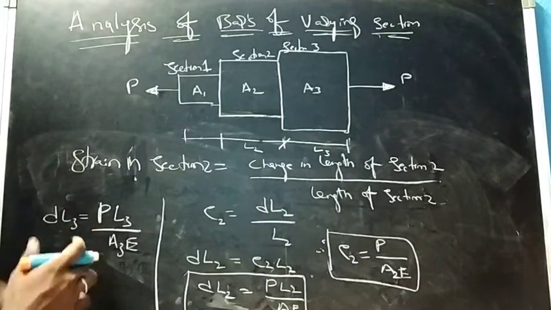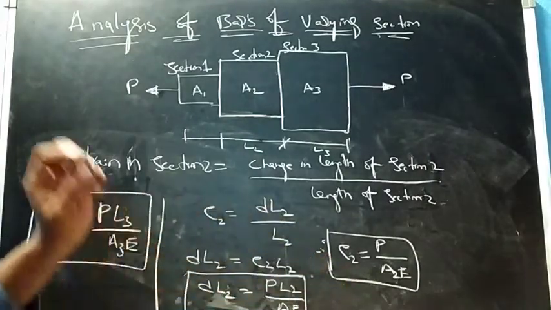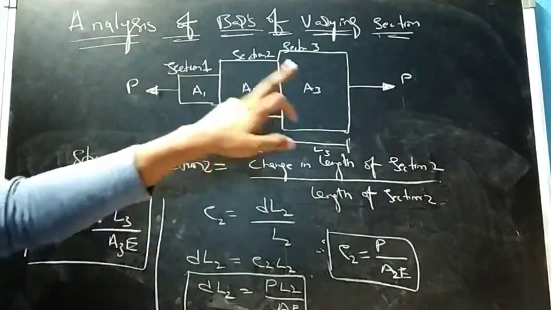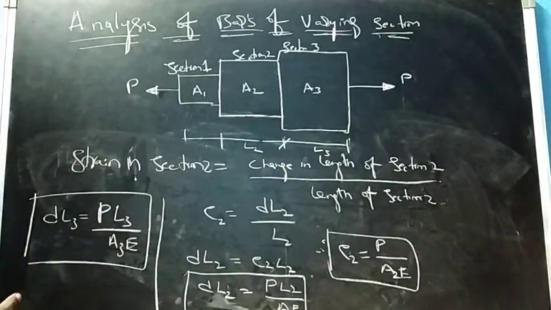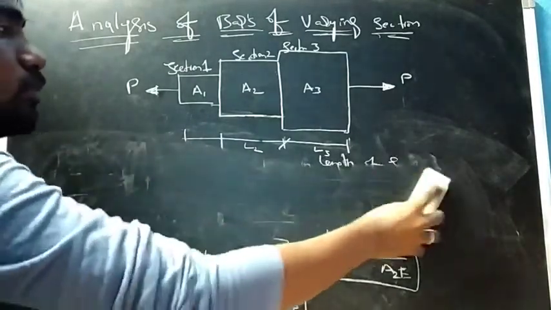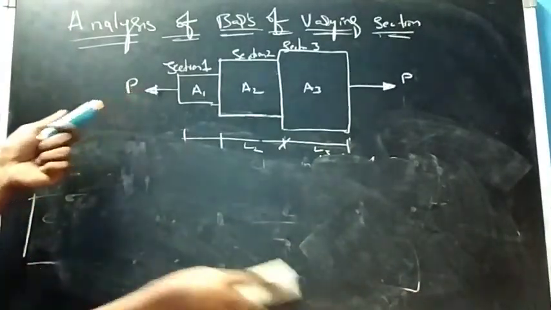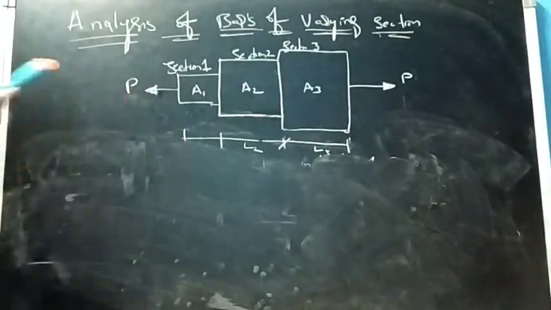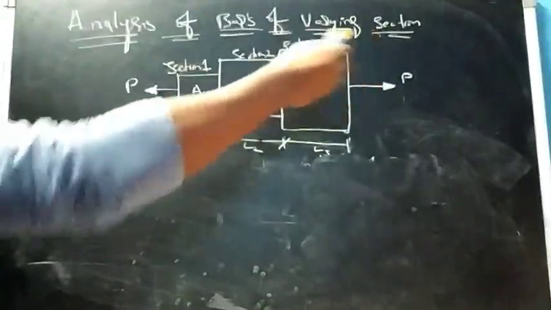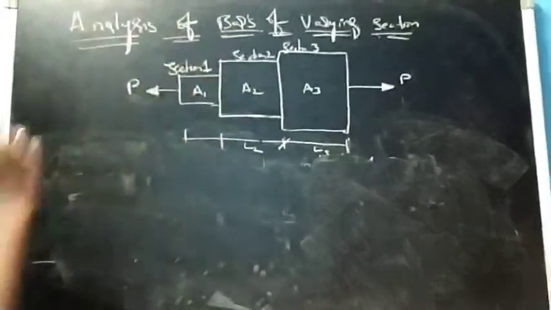So now I've got the change in length for section 1, section 2 and section 3. Now I can find the total change in length of the bar. So how much it is changed when you apply an axial tensile load for various cross-sectional areas. It is not uniform, it is not symmetric.